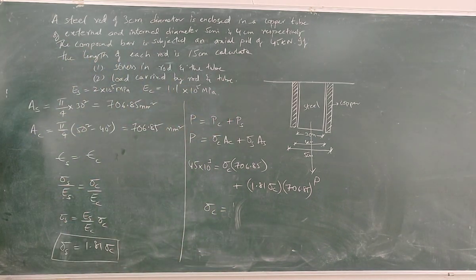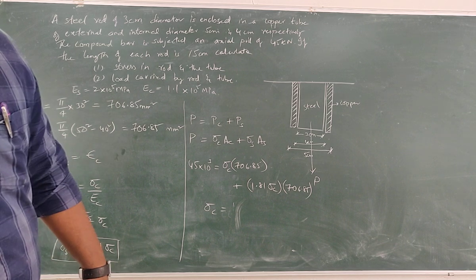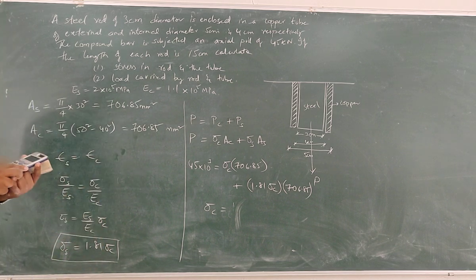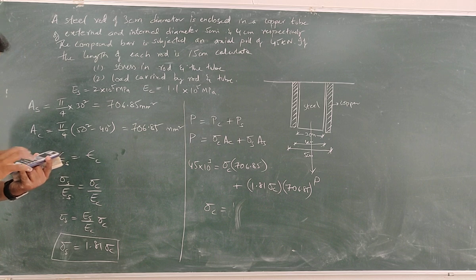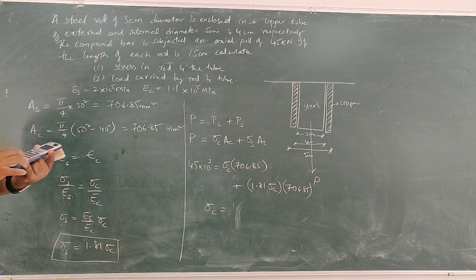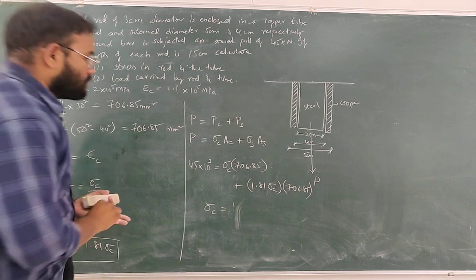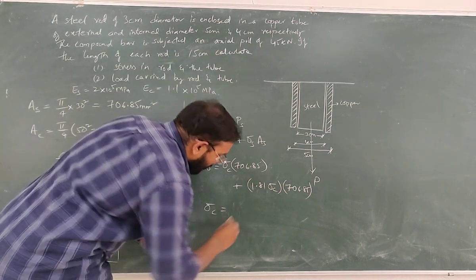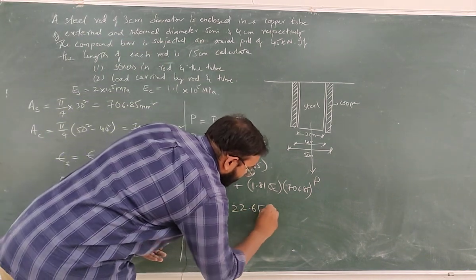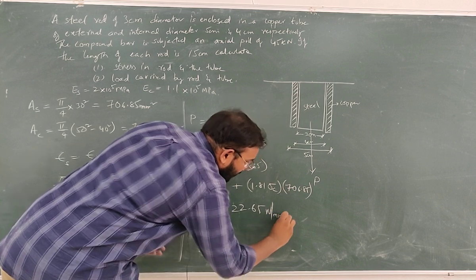What is sigma c? 22.65 Newton per millimeter square.